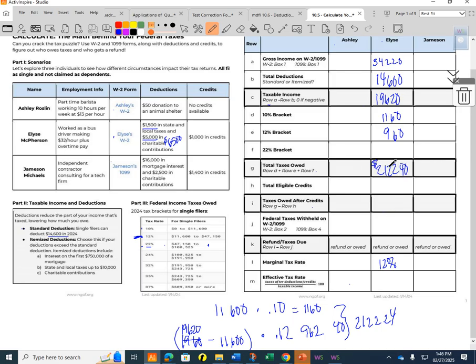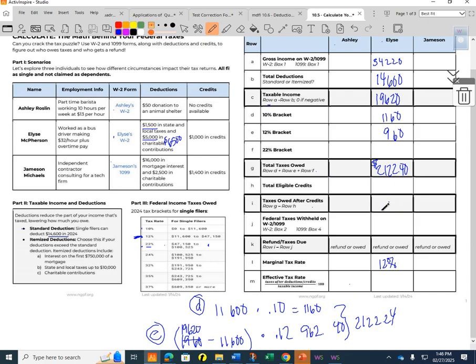From there, if Elise has a credit, and we can look over here, she has a $1,000 credit, that goes in this box. And I'm not going to do the whole thing for you because you only have 3 people to do. I think this was the most confusing part, so I wanted to show you how to do it. This would be row D, and this would be row E for Elise. Just follow the directions from here.